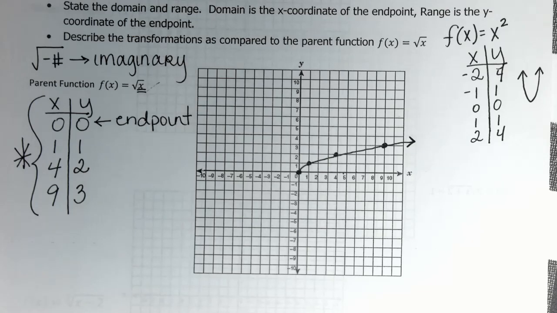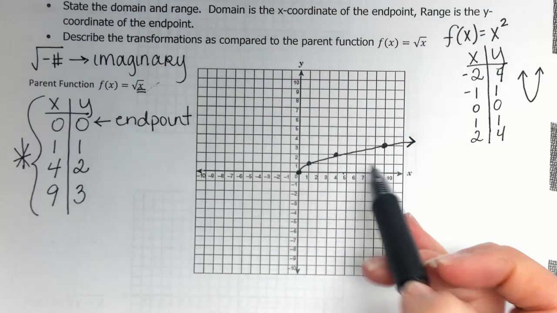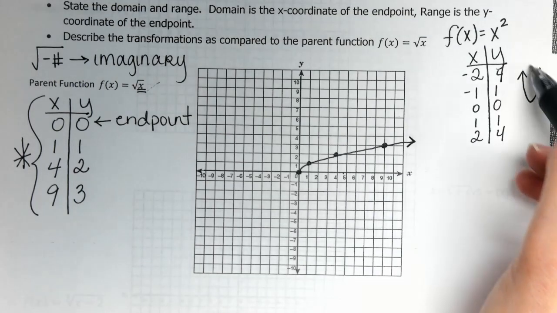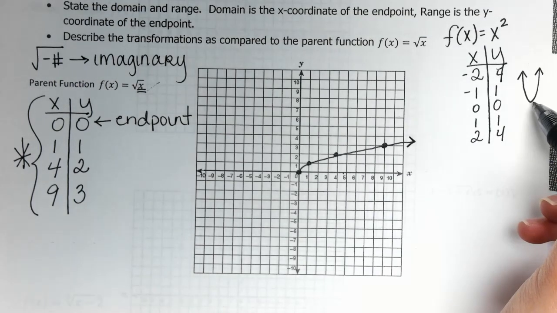Okay, so if you compare this to what a quadratic is, you're just basically turning it sideways. We're going to talk about inverse functions. It's the last lesson of the next chapter, next unit. But this is basically just half of this. You're not considering the negatives.